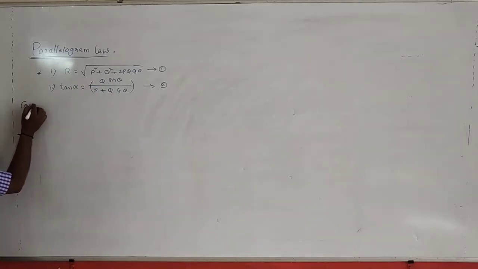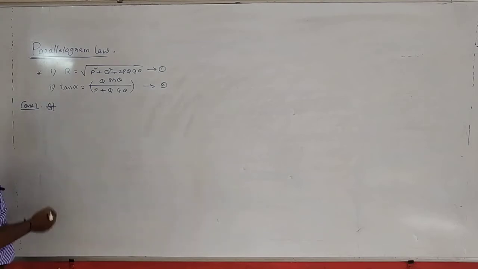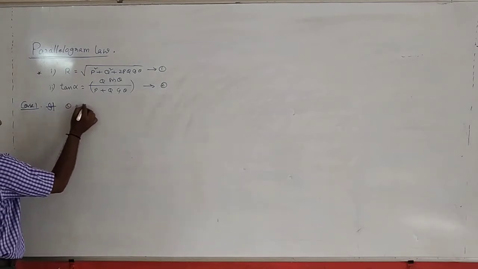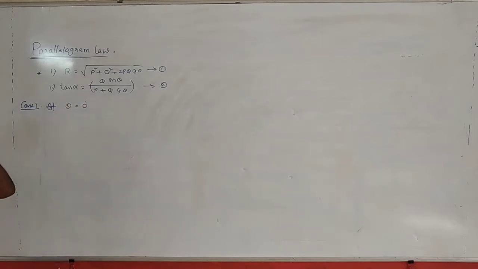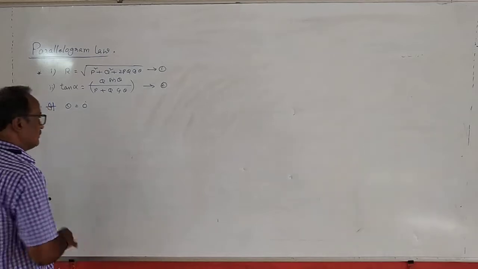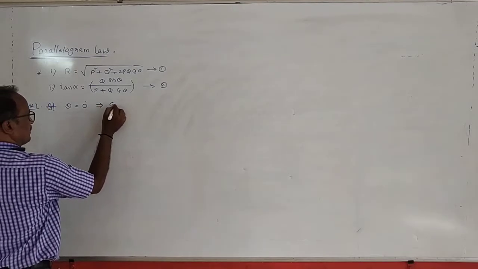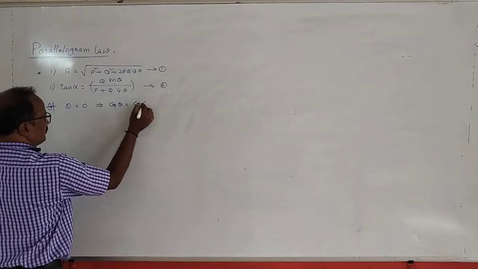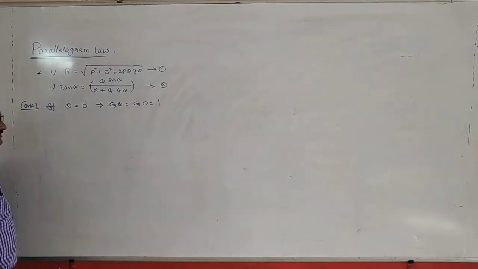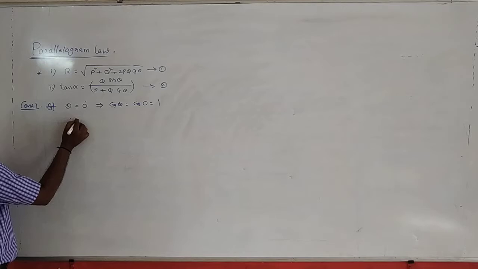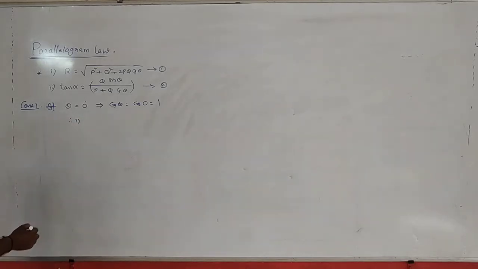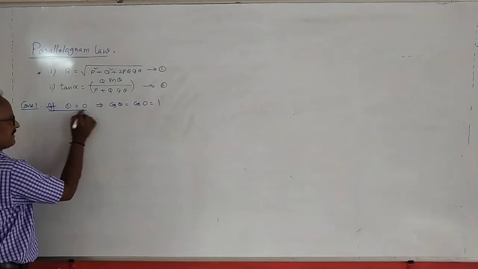Here there is case 1. Suppose theta is equal to 0. Theta equal to 0 means both the vectors P and Q are parallel. It implies cos theta is equal to cos 0 is equal to 1. What is the formula for the magnitude of the resultant if the given two vectors are parallel?